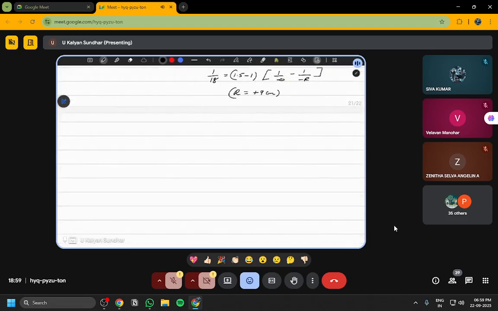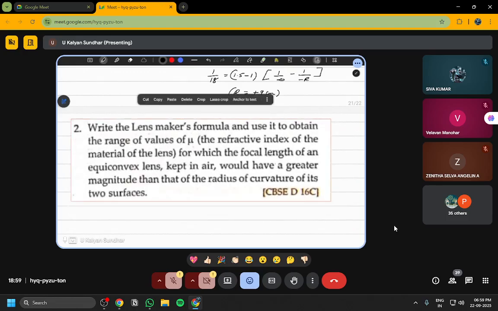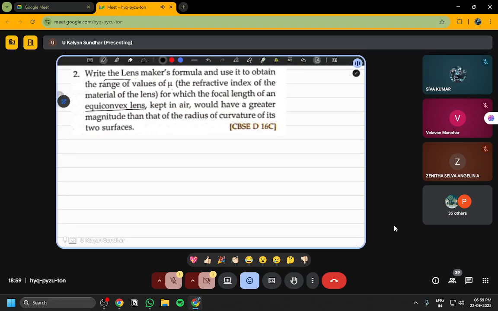This is more of a derivative question. Write the lens maker's formula and use it to obtain a range of values of mu for which the focal length of an equiconvex lens kept in air would have a greater magnitude than the radius of curvature of its two surfaces. Equiconvex lens means R1 will be equal to R2. So you have to find out the range of mu.